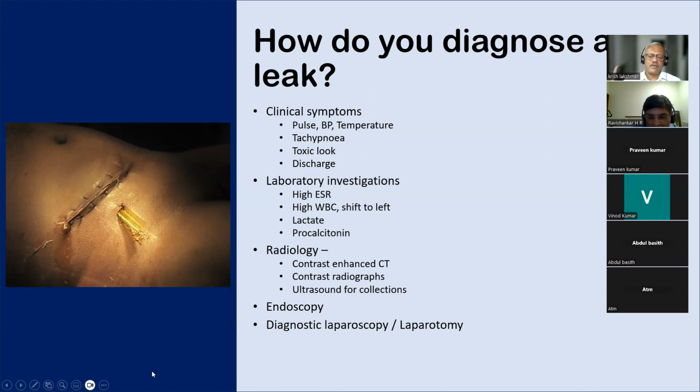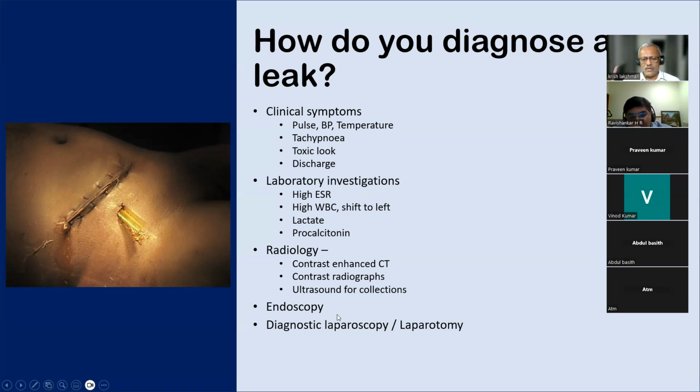Radiology: contrast enhanced CT is one of the hallmarks or the basic pillars of diagnosis of a bowel leak or an anastomotic leak. Contrast radiographs were done earlier. Ultrasound can be done, but it doesn't tell you what the leak is, but it will tell you if there is a localized collection, and you can do an aspiration before drainage of a localized collection and see if there is any fecal contamination.